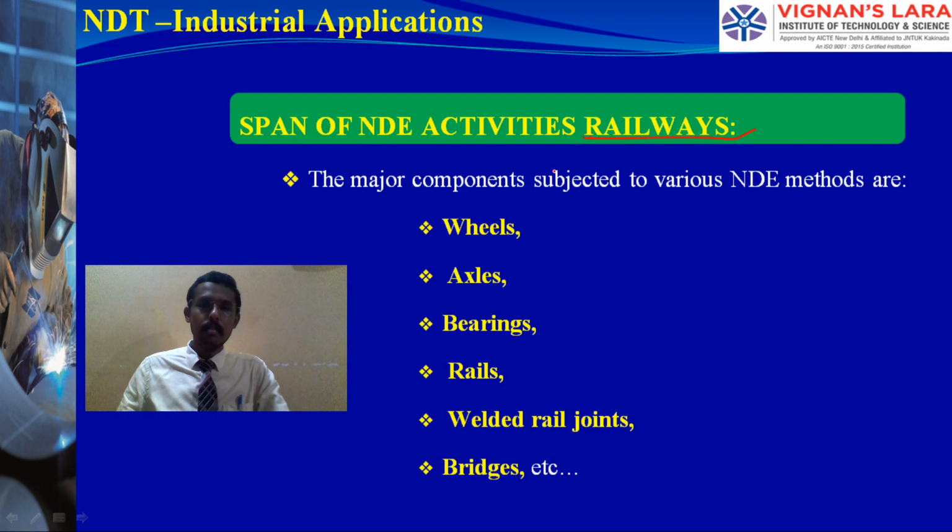We want to do various inspections, such as on wheels, on axles of the railways, on the bearings, on the rails or tracks or bridges, or on any welded joints of the railway tracks.